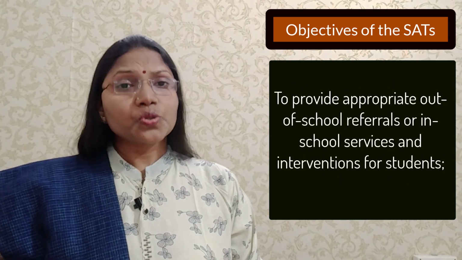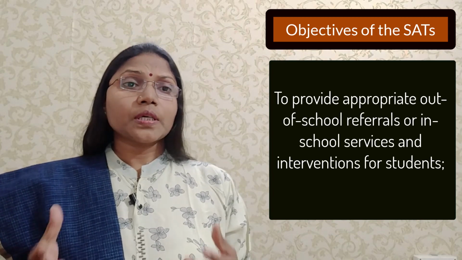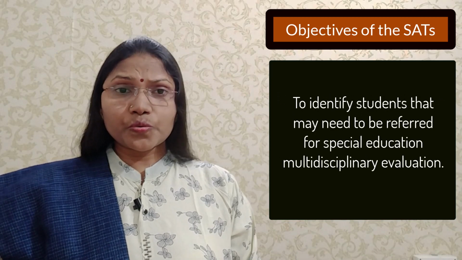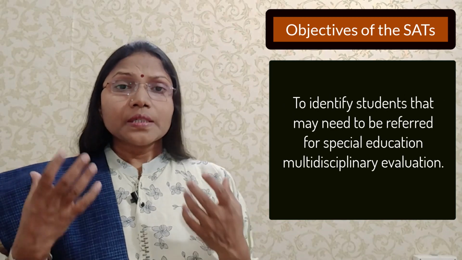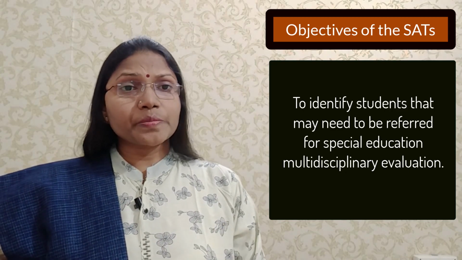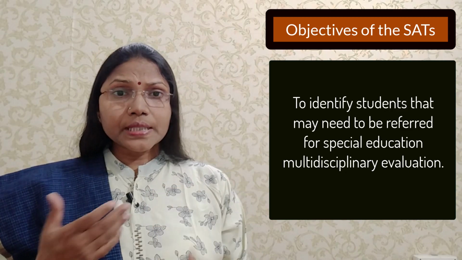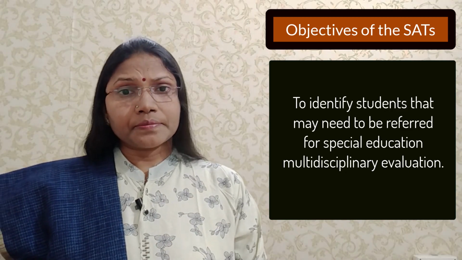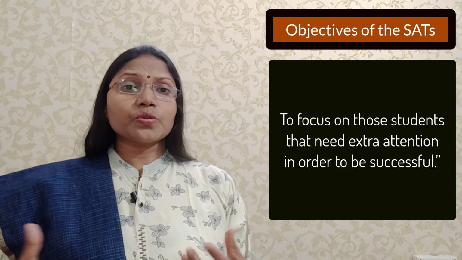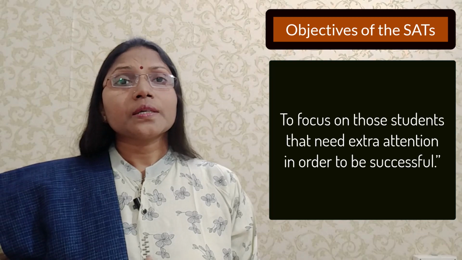Number 5, to provide appropriate out-of-school referrals or in-school services and interventions for students, and to identify students that may need to be referred for special education multidisciplinary evaluation. And the last one is to focus on those students that need extra attention in order to be successful.